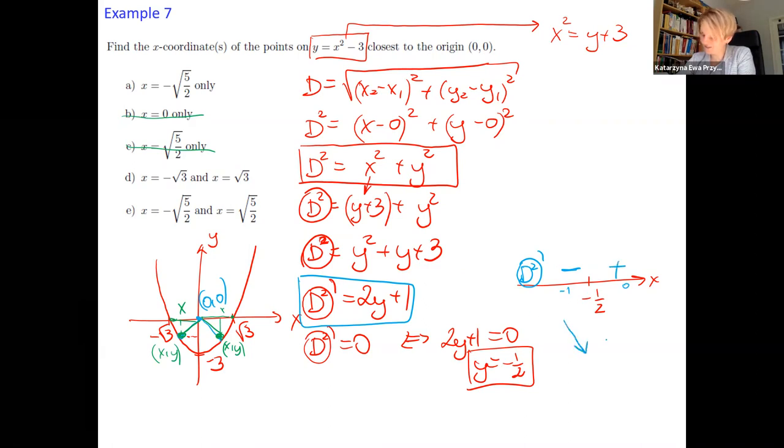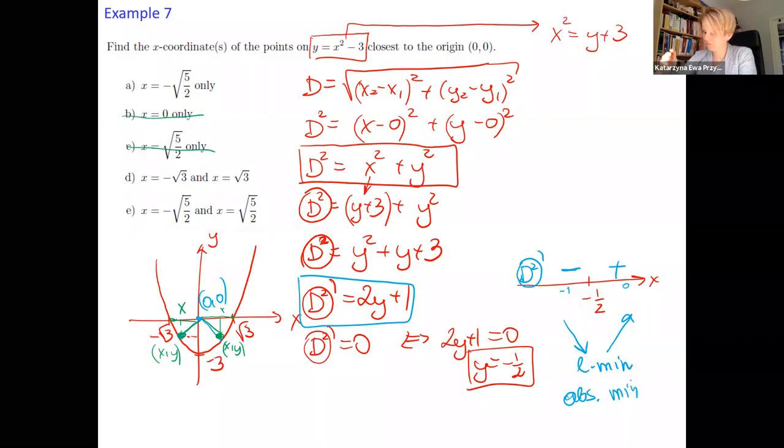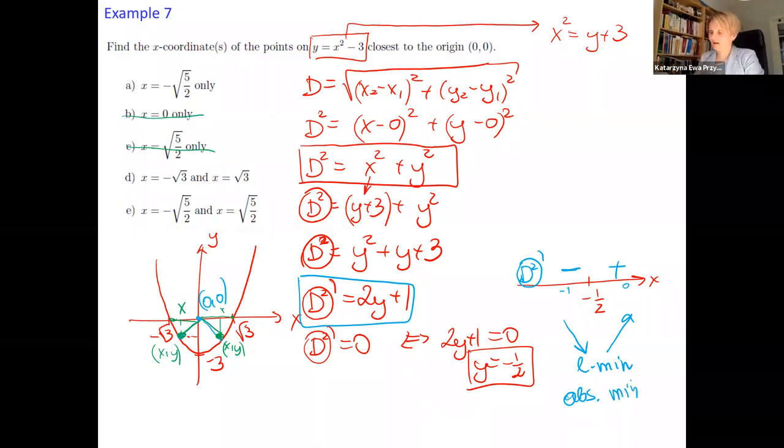The function is decreasing, then increasing, so of course it's a local minimum, but it will also be the absolute minimum because all of the values go up. That's the lowest point on the graph. So y equals negative 1/2 is giving us the minimum.